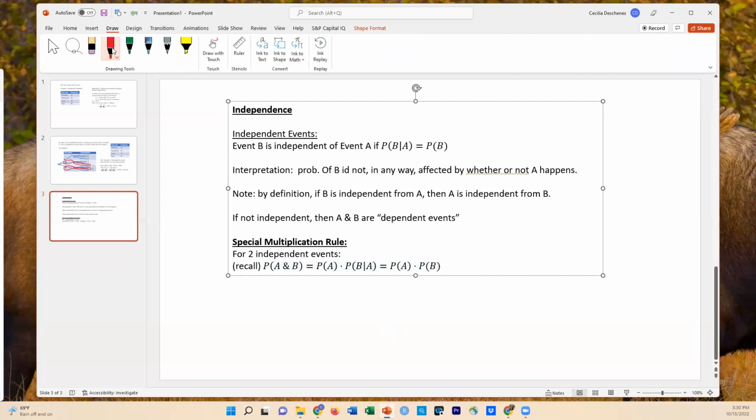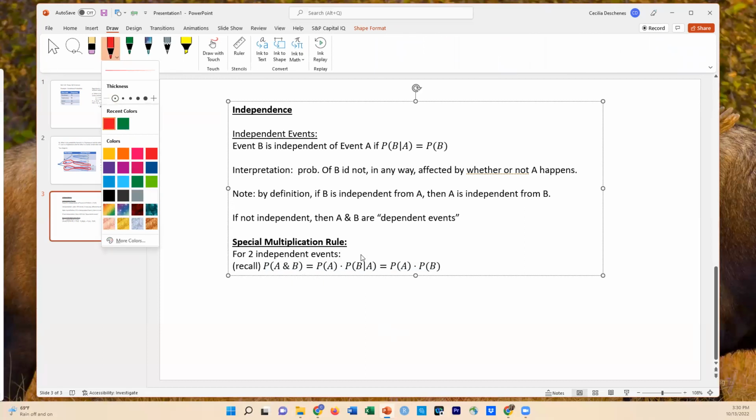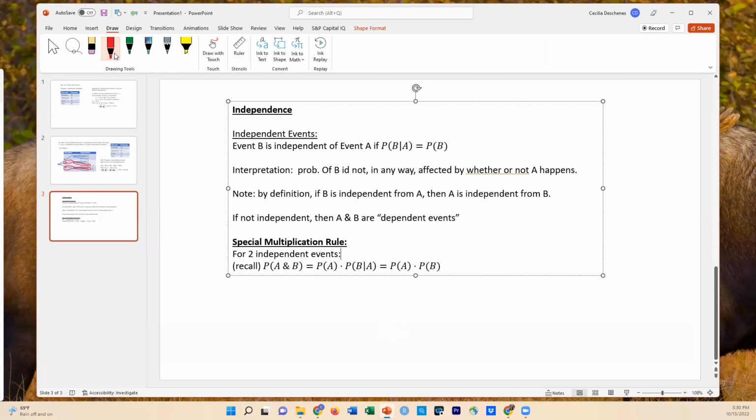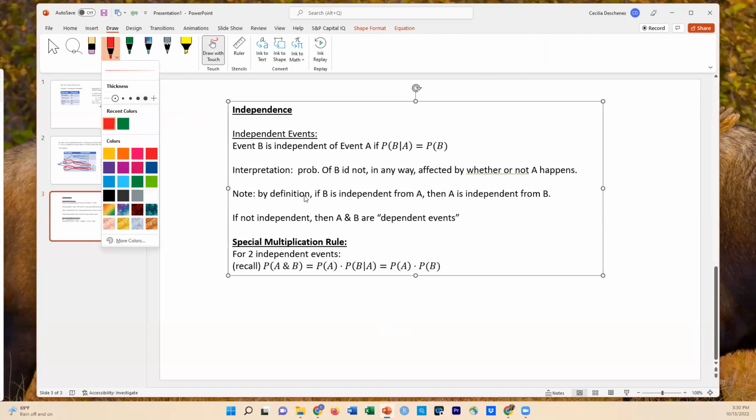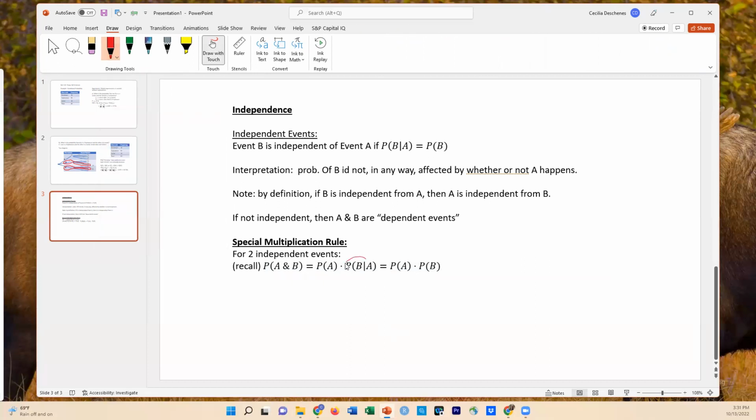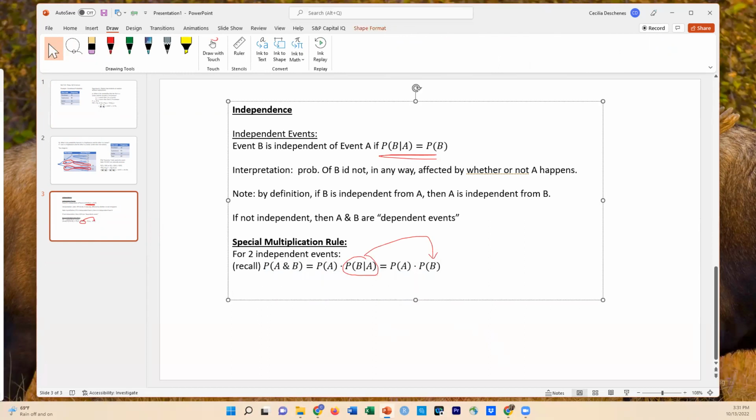The thing to notice is that because of the independence, the probability of B given A is just going to be the probability of B because it does not care. The other thing to note is this can be extended to more events.